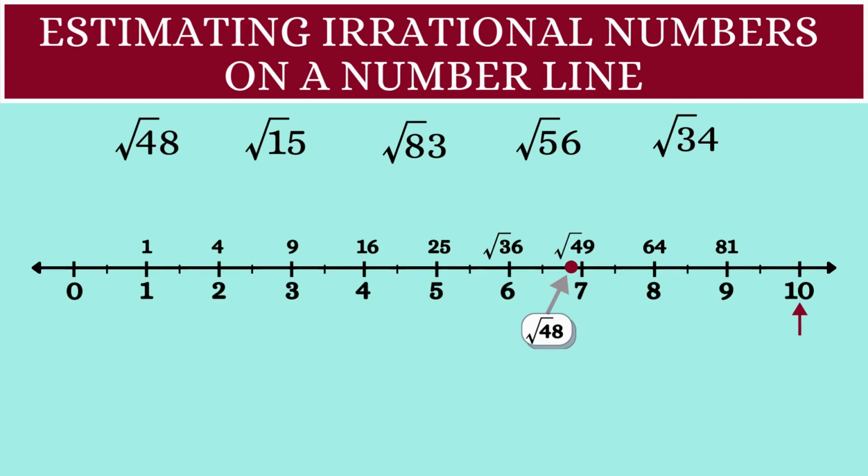And 10 times 10 is 100. So the values 1 to 10 on the number line are nothing but square roots of these numbers.